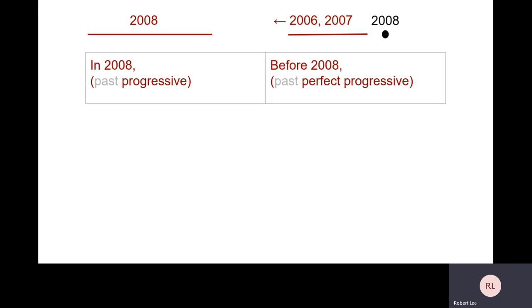On the left, in 2008, it's talking about one specific year, right? The entire year of 2008. On the right, before 2008, it's talking about all the times before 2008, right? It's not a specific year. And that's why we would be using the perfect progressive tense on the right.